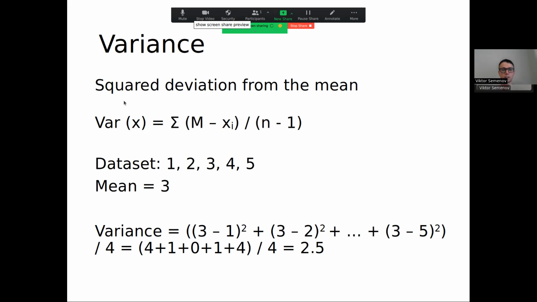Our data set x is 1, 2, 3, 4, 5, the mean value will be 3, and the variance will be equal to (3 minus 1) squared, plus (3 minus 2) squared, and so on. So 4 plus 1 plus 0 plus 1 plus 4, divided by 4, will get us 2.5. So this is the variance for x.